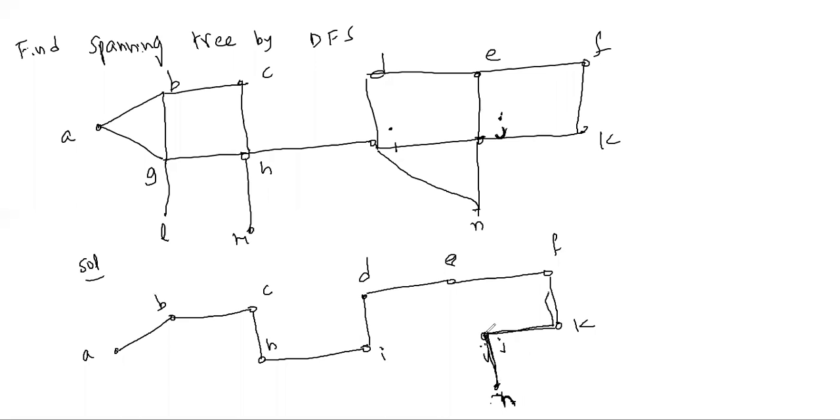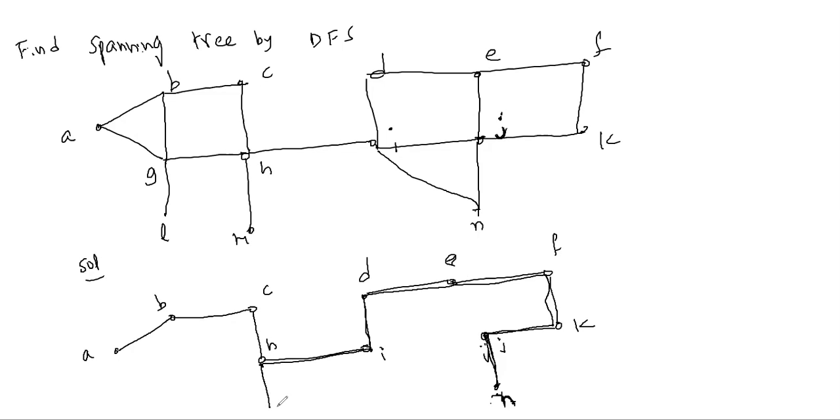No. Again go back. F. Again go back. E. Is there any vertex not covered? No. Again go back. D. Is any vertex not covered? No. Again go back. No. Next, again go back. Is any vertex not covered? Yes, M is not covered.